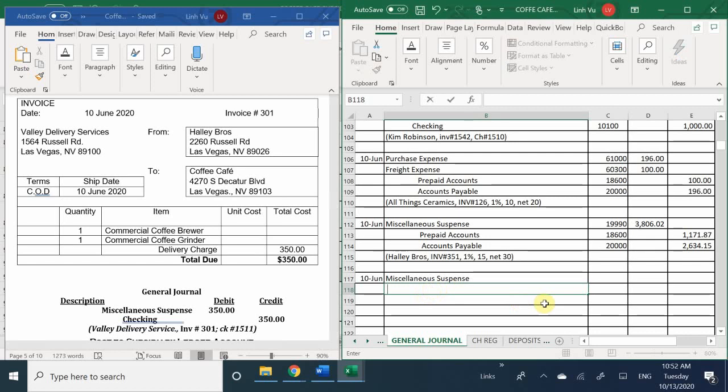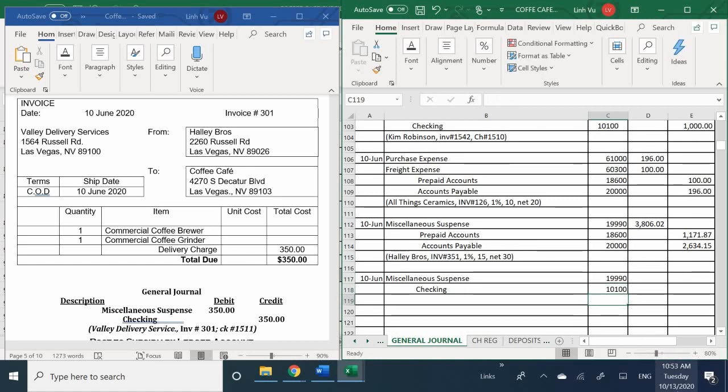Therefore, yes, we need to write a check in order to retrieve these items from this Valley Delivery Services. Okay? So miscellaneous suspense is going to be for $19,990 and my checking is going to be $10,100.